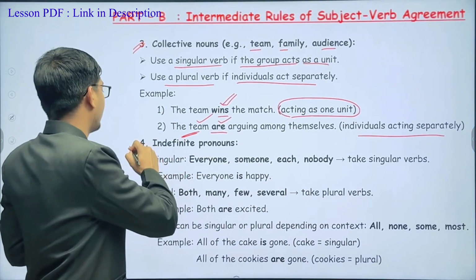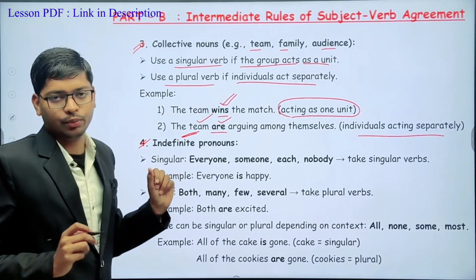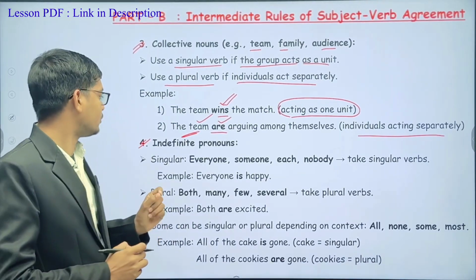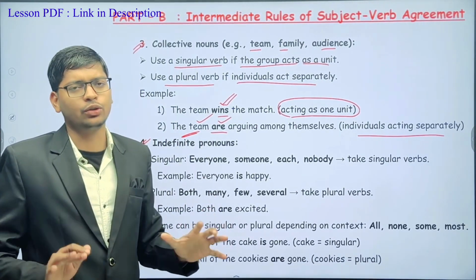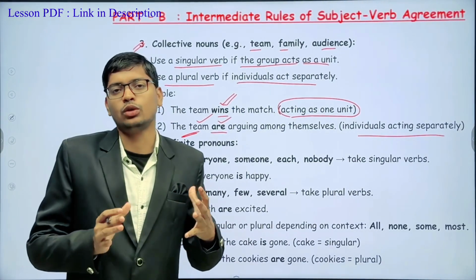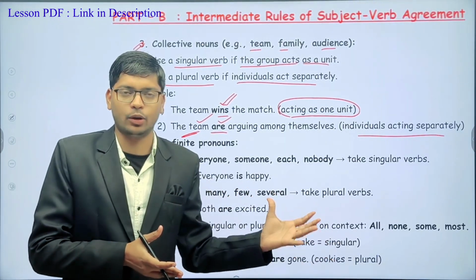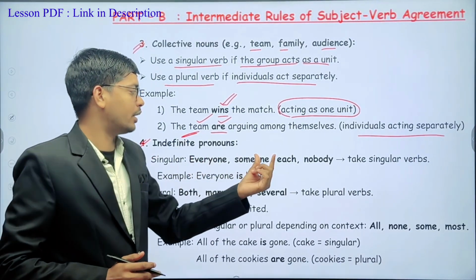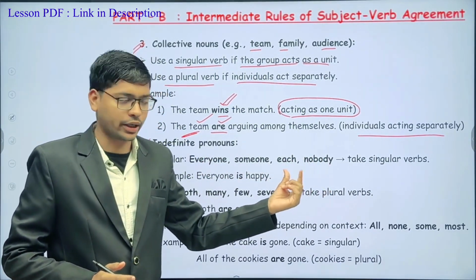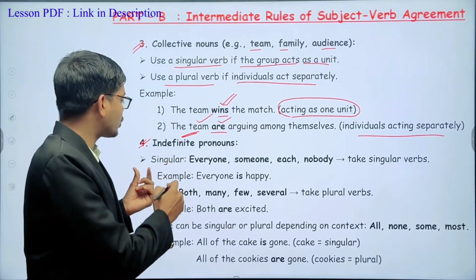Next rule, the fourth rule here: indefinite pronouns. You may have heard about indefinite pronouns like everyone, someone, nobody. They are singular.